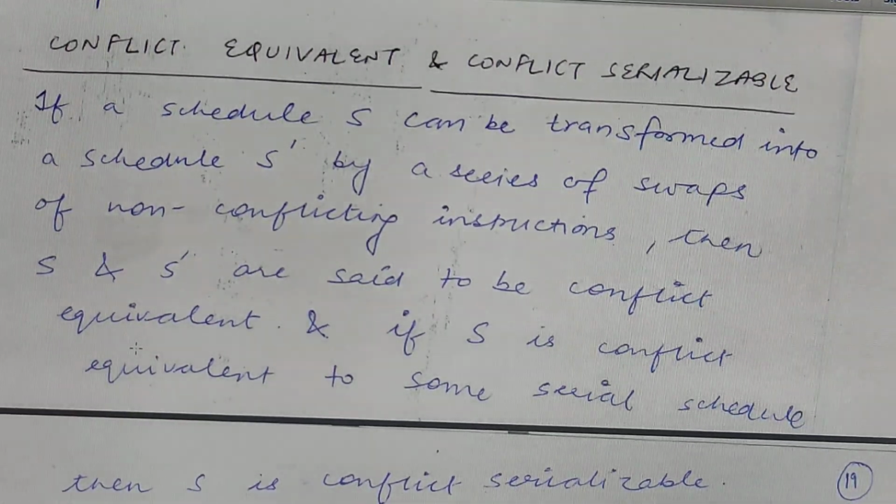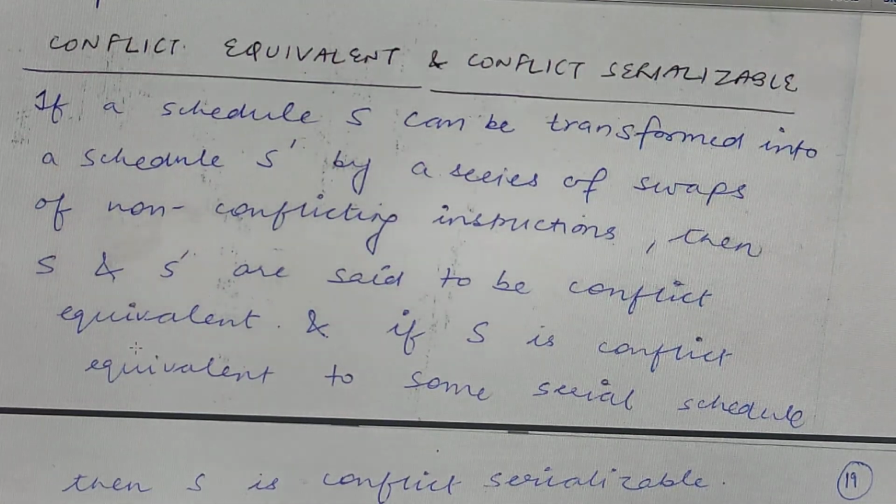then S and S dash are said to be conflict equivalent. Suppose I have the schedule S with two transactions T1 and T2 in an interleaved manner. If using some swaps, meaning I am swapping the operations of the two transactions, non-conflicting swaps, they should not conflict, I can convert one schedule S into another schedule S dash, then the two schedules S and S dash will be known as conflict equivalent.